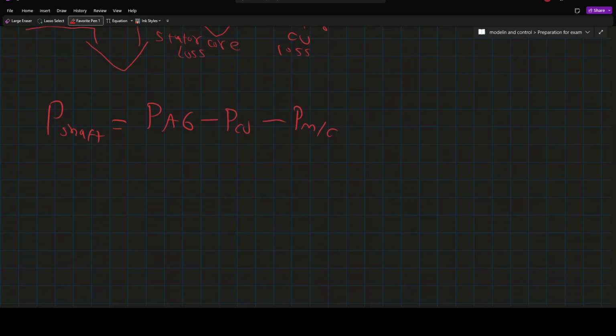And we also figured out in the last exercise that our copper losses were equal to our slip times our power in the air gap.